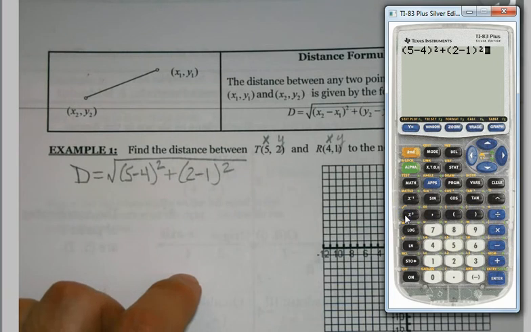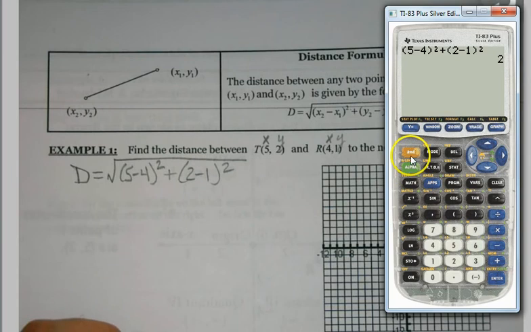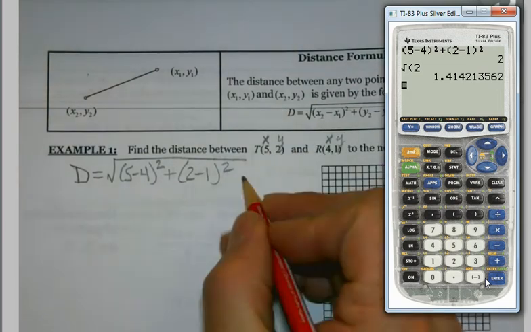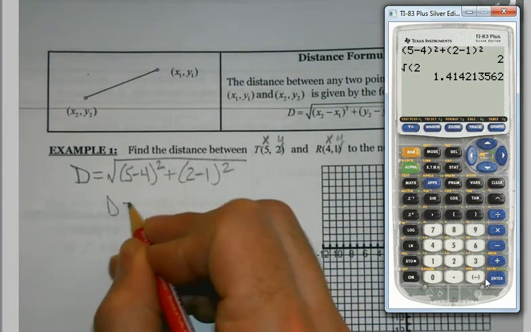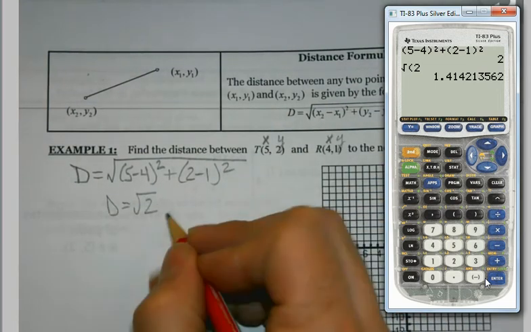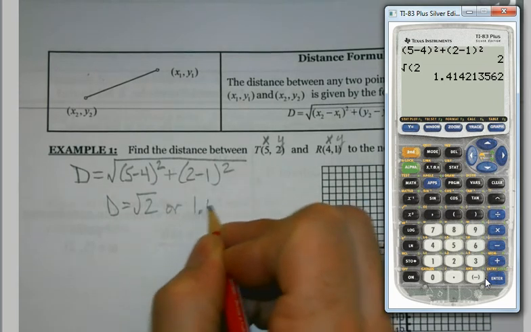Okay, notice I'm not doing the square root quite yet. I'll get an answer, and then I'm going to take the square root of whatever that answer is. And as you can see, we can get decimals. So I could either leave the distance as the square root of 2, or I could say it's 1.41.